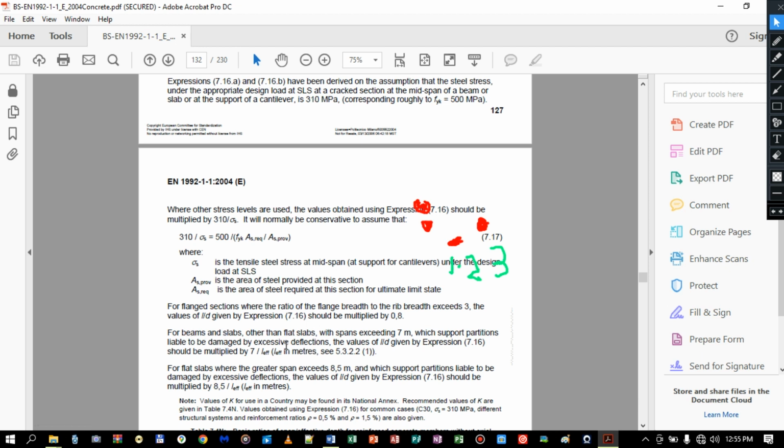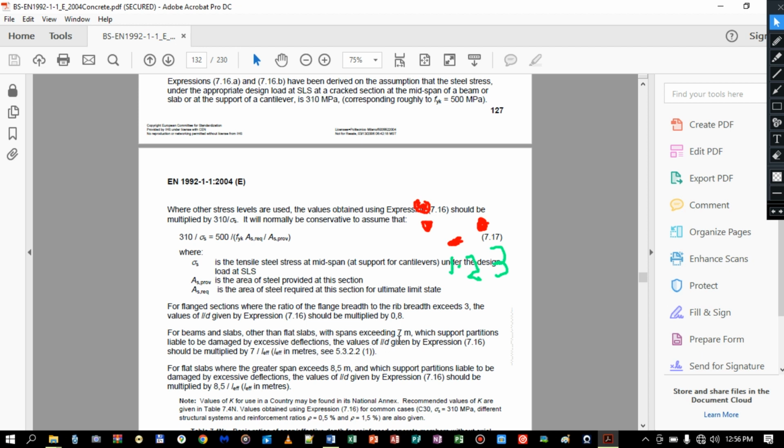Then the other factor accounts for the span. For spans exceeding 7 meters, of course, the more the span, the more the deflection, so the ratio is multiplied by 7 over the span.